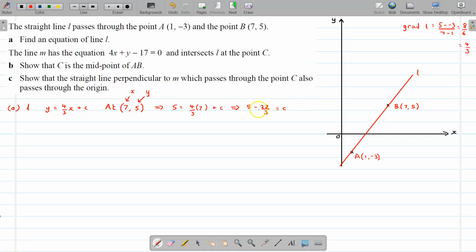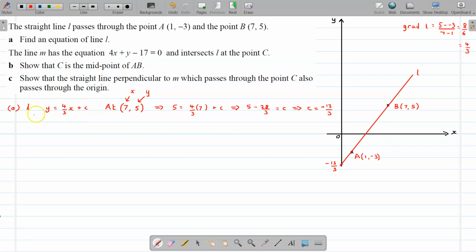And 5 is 15/3, so 15/3 minus 28/3 would give me that c is minus 13/3. There's no reason why you couldn't put that on a calculator to save time, but it's fairly easy to work out that c is minus 13/3, which is just minus 4 1/3. So this point here, where it crosses the y-axis, is at minus 4 1/3 or minus 13/3.